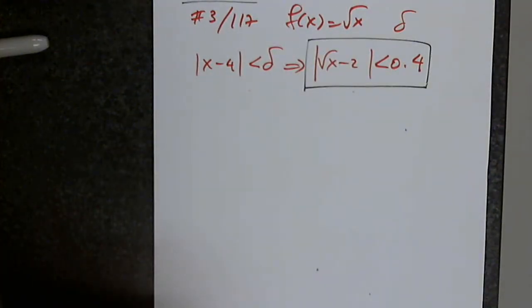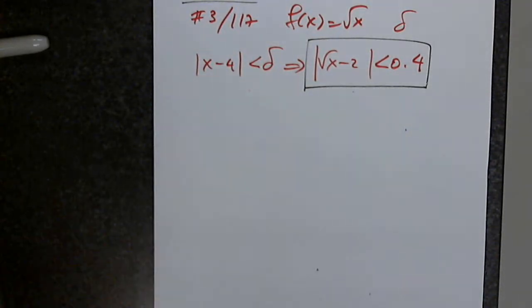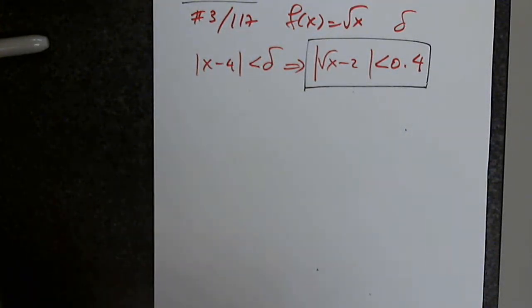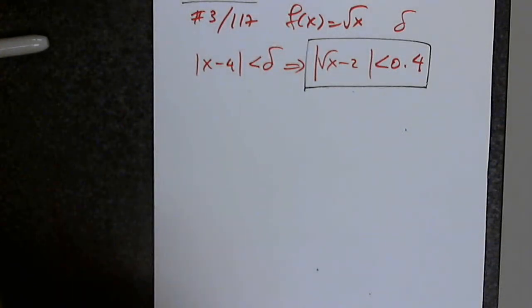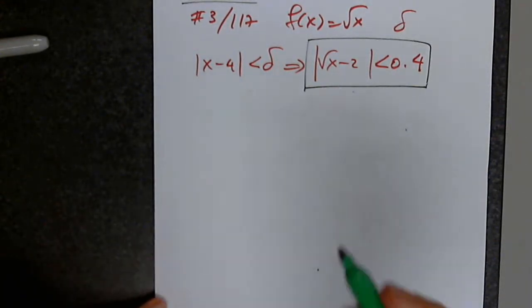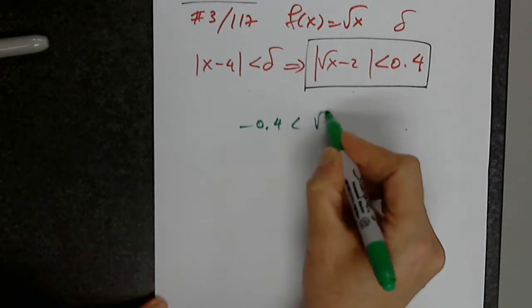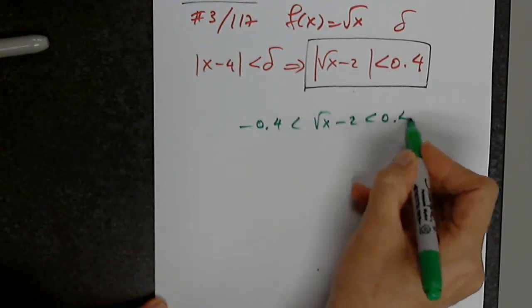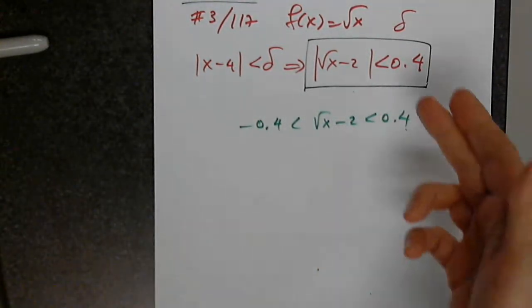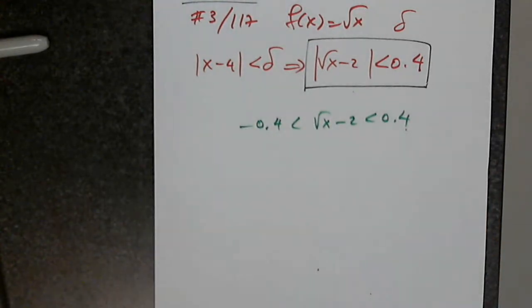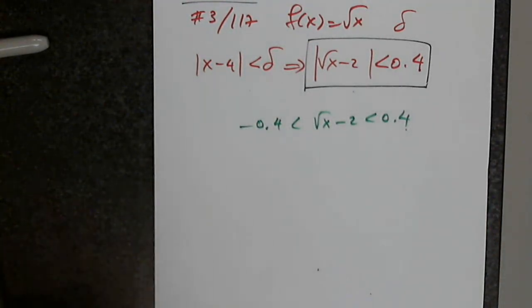Isn't it between negative 0.4 and positive 0.4? Exactly. Without translating this inequality into this inequality, I will not be able to solve. So that's my first step.